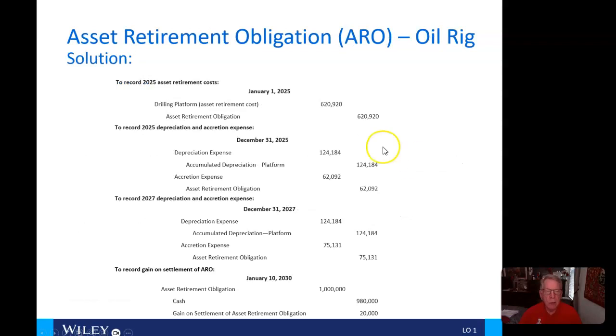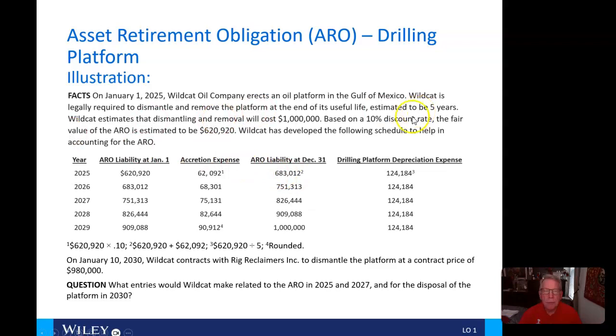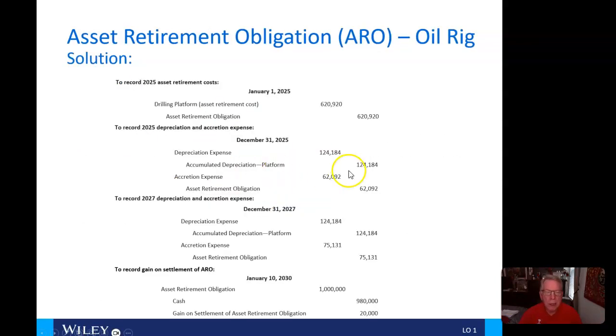Okay, and so that's where we get our first year's depreciation expense and accumulated depreciation. And then the accretion expense is going to be the $62,092, which we calculated here. Okay, and again, the credit is to asset retirement obligation, ARO.